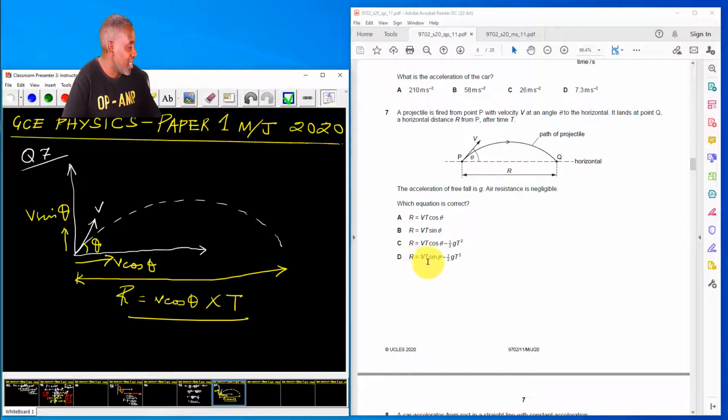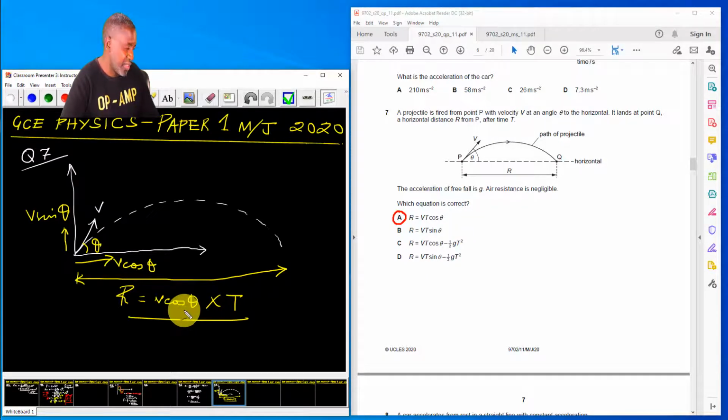I've got R is equal to v cos theta times t. Immediately A is correct, and I do not need to proceed with any other equations. I have simply seen a correct equation that corresponds with what I know.